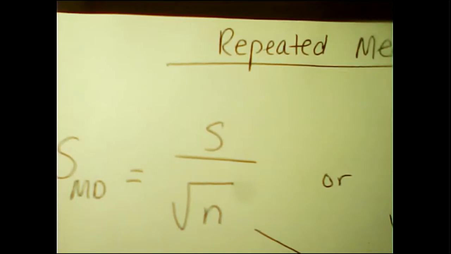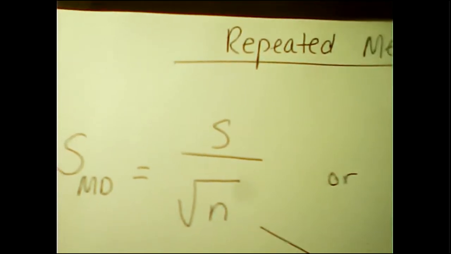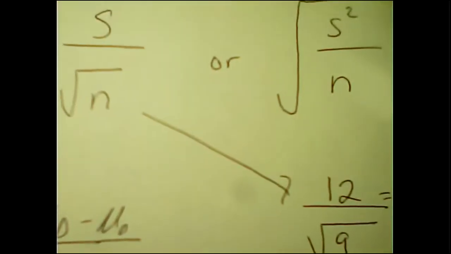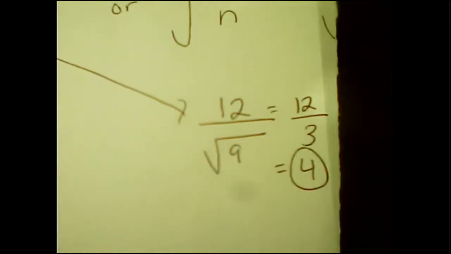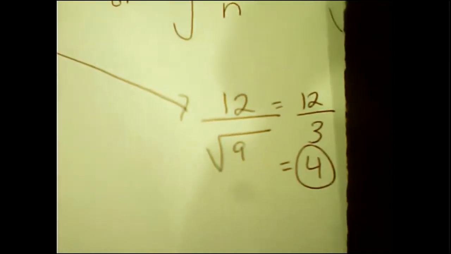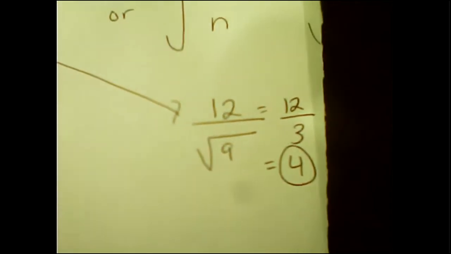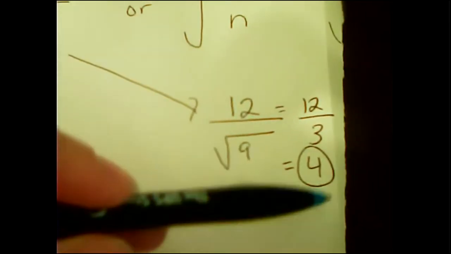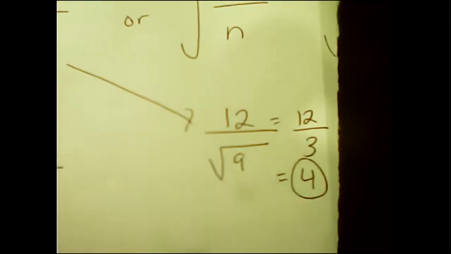In this example, the standard deviation was given, so why not just use this one? We're going to plug in our standard deviation of 12 over the square root of the sample size, which is 9. We end up with 12 over 3, which is 4. Our estimated error in this example is 4.